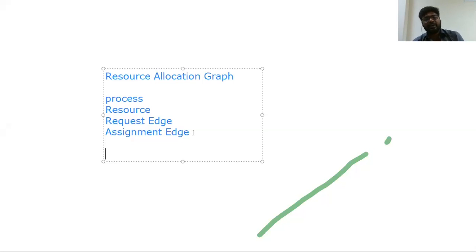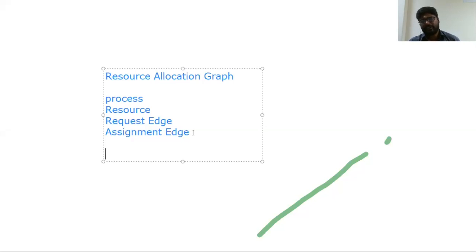The same way, each and every process in the operating system, or in your system, needs a few resources. That resource may be memory, a hard disk, any other IO device, or any other thing. So you have to allocate resources for each and every process. This request edge is used if a process needs a particular resource.